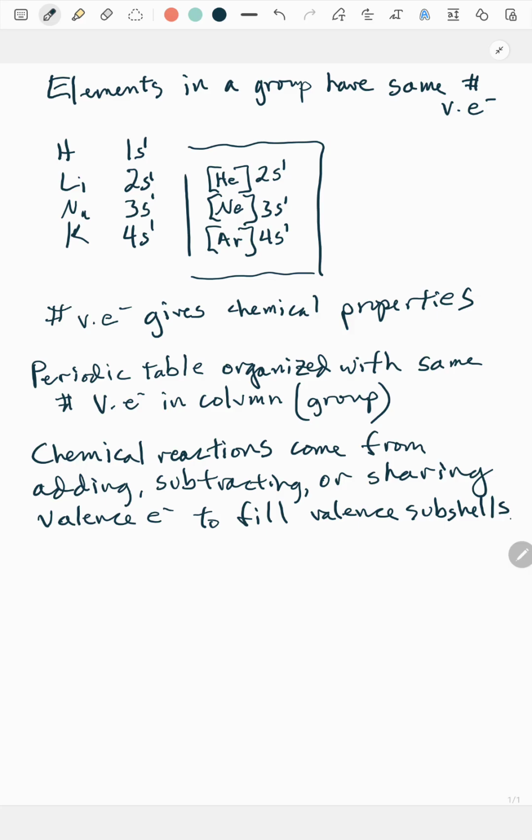So it's these valence electrons that cause elements to react the way they do, that cause atoms to react the way they do. And we're going to be learning a lot more about that.